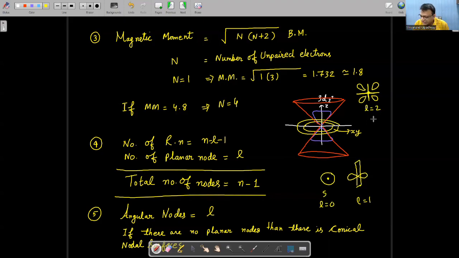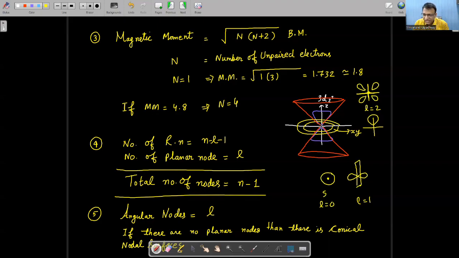But among these there is the orbital 3d z square. This is the z axis, and the diagram is shown here. For 3d z square, the number of nodal planes will be 0, but there is an angular node, a nodal conical surface.